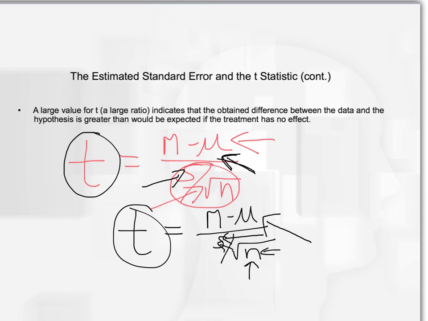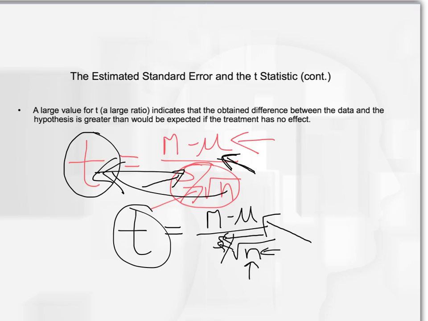So you might want to play with some figures, make up some numbers, and vary the size of s, vary the size of n, and see how as s varies, t varies. As n varies, how does t vary? But learn the relationships between size of the standard deviation and size of the sample and the size of t.